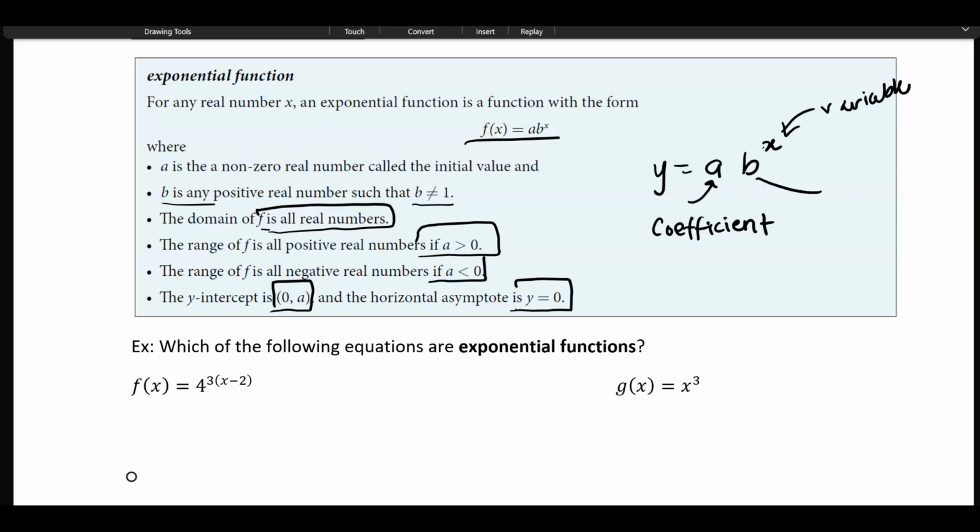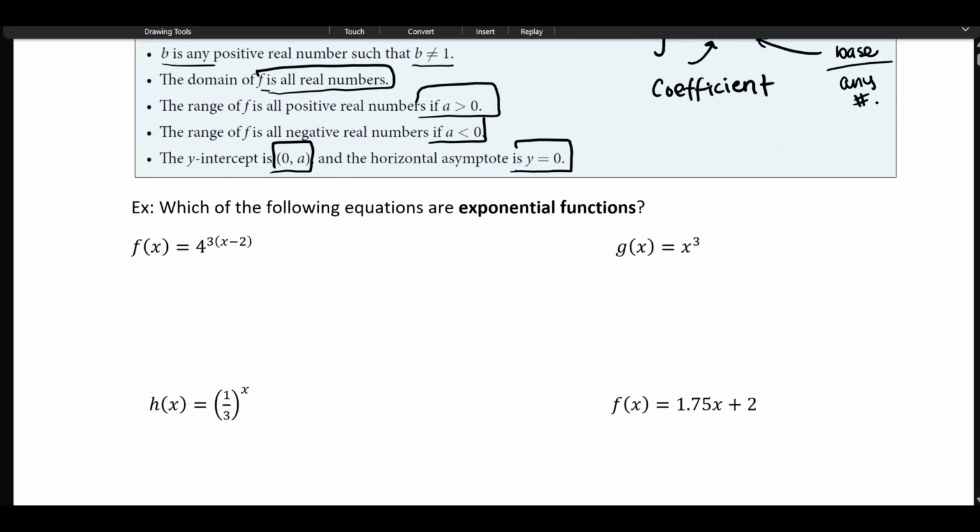And then b is what we call the base, and it can be any number. We're going to talk about b more in detail in a little bit in terms of if we're seeing a decay or a growth, and we'll get to that in just a second.